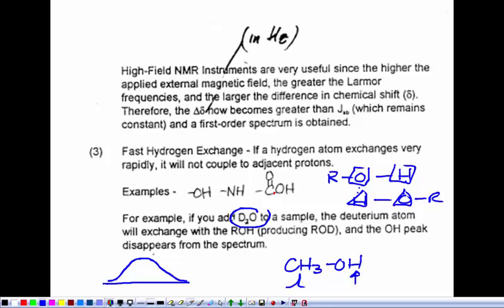Okay? So that's a complication. So we're not going to do anything with OHs and NH2s. And when we do get the real spectra, if there's a broad peak and I put a little asterisk on it, I'll say this peak disappears with D2O. And that means it's an OH or an NH or carboxylic acid. That's why we don't worry about coupling, because it doesn't exist.